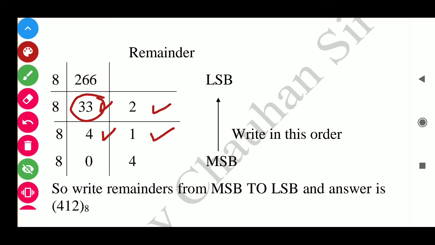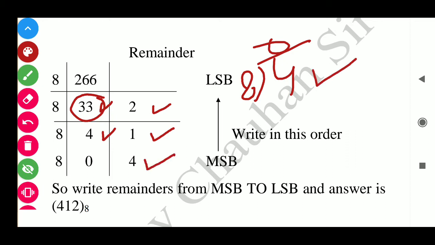Now same way, if you divide 4 by 8, it is not possible to divide, so it is dividing by 0 times, the remainder is 4. Write the remainder here and the quotient here. Write your answer from MSB to LSB, from bottom to top. So the answer is 412 base 8.